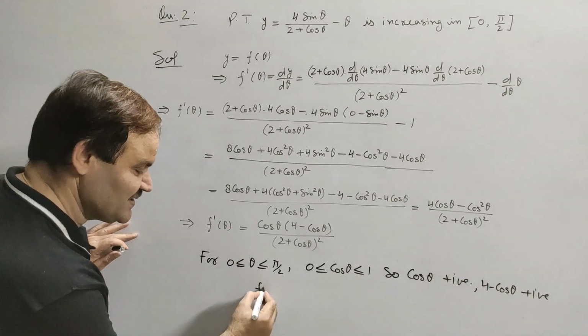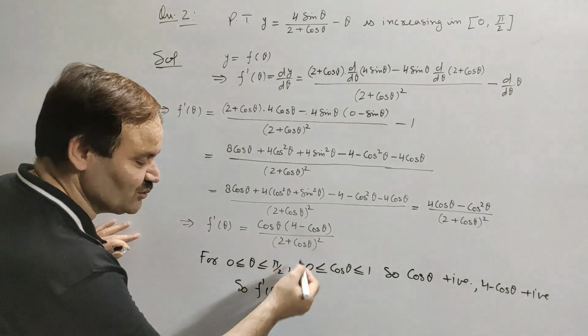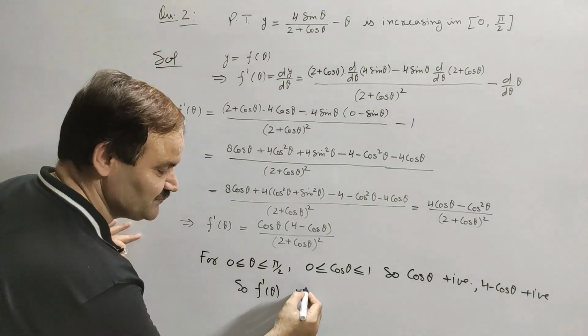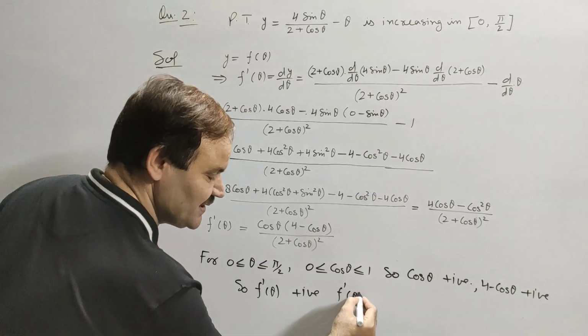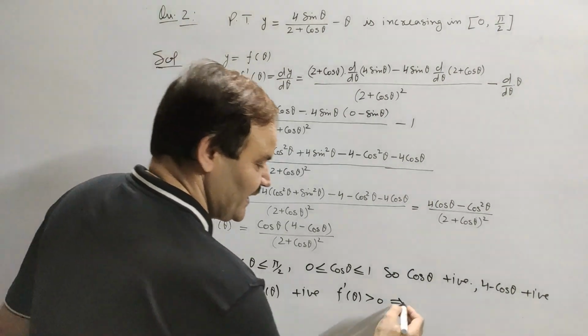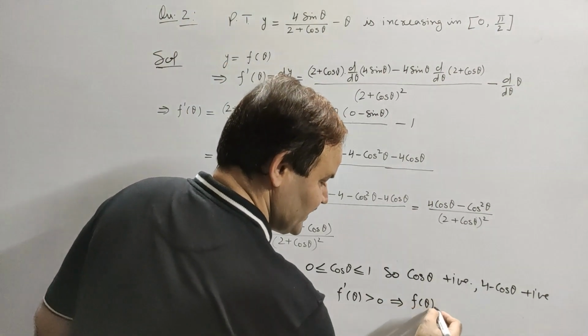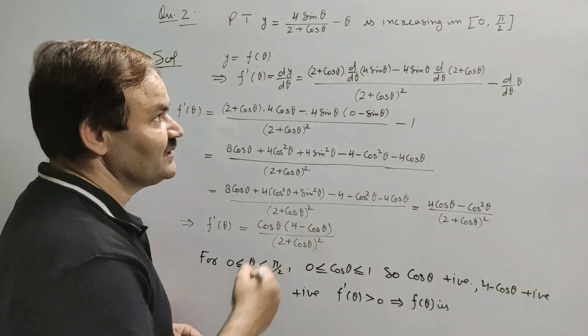So f dash theta will be greater than 0, that is positive. If f dash theta is greater than 0, then this implies f of theta is increasing in the given interval.